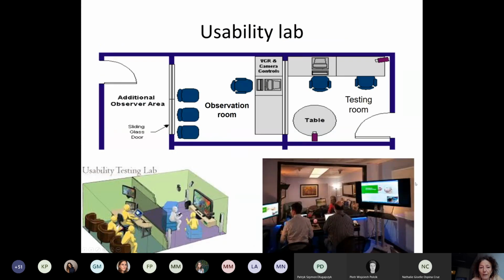Going next. Okay, this is an example of a usability lab. We have a usability lab at Politecnico, at the Department of Design.